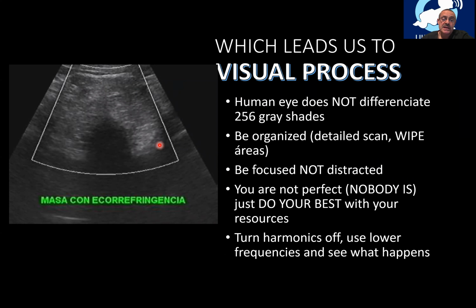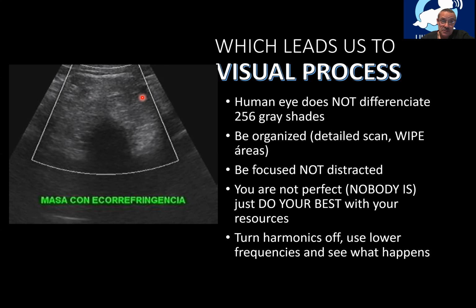So there's no such thing as a perfect observer, not mechanical nor human. The human eye does not differentiate 256 gray shades. We can find 256 gray shades in the ultrasound machines.